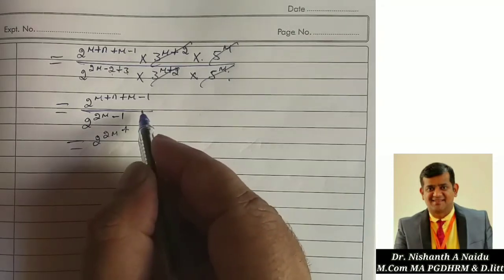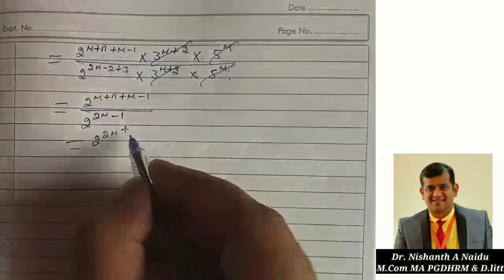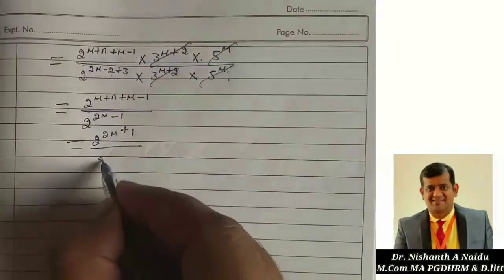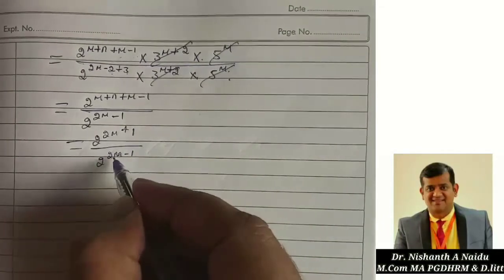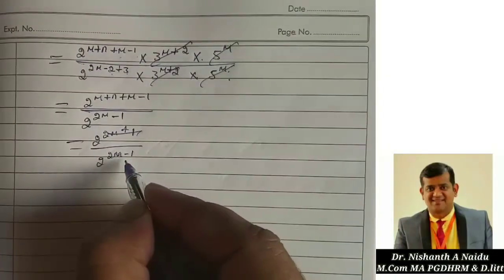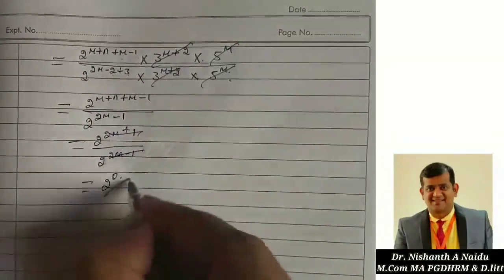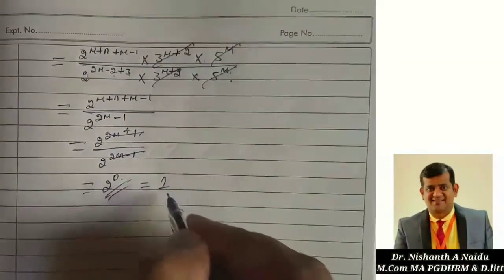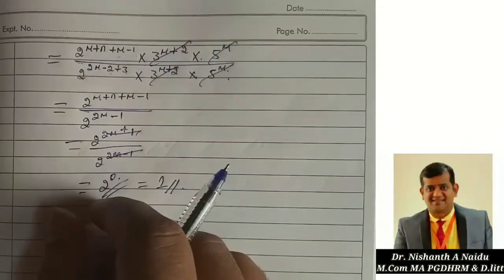So that becomes plus 1, plus into minus 1, divided by 2 to the power 2m minus 1. So 2 to the power 2m minus 1 and 2m minus 1 got cancelled, 2 to the power 0. So that is equal to 1. So the ultimate answer for this problem is 0.